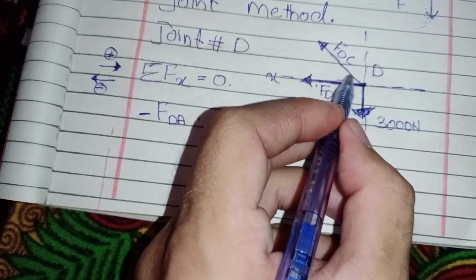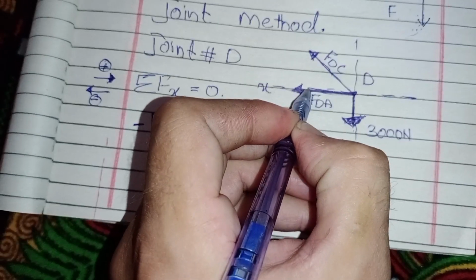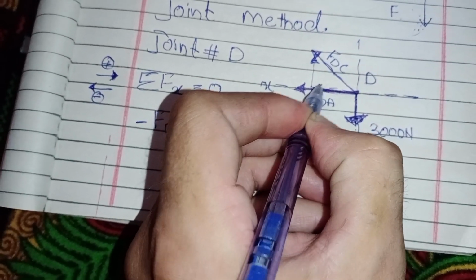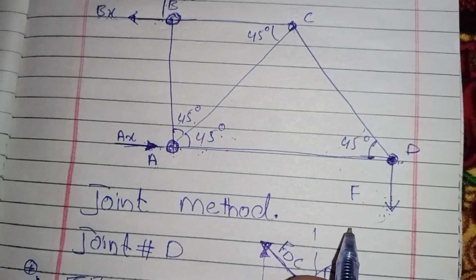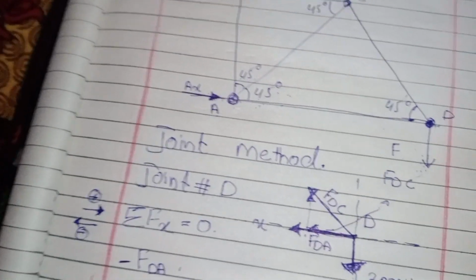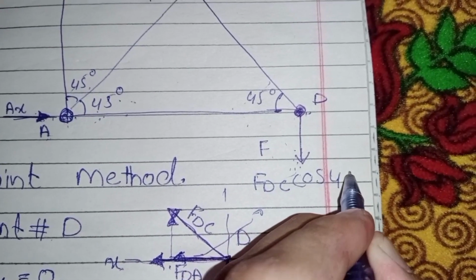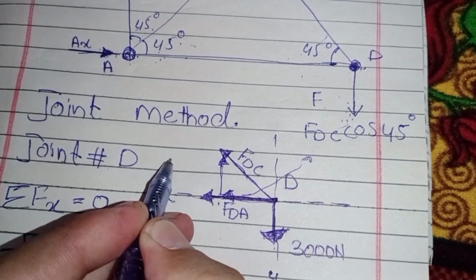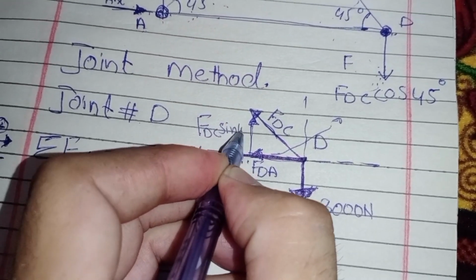When I resolve FDC into components, one component will be FDC cos 45 degree, and the other component will be FDC sin 45.